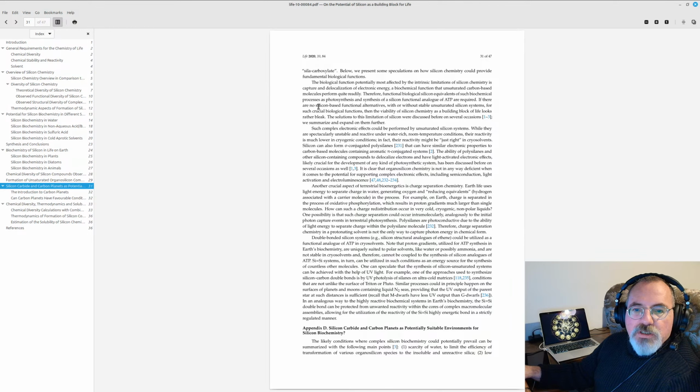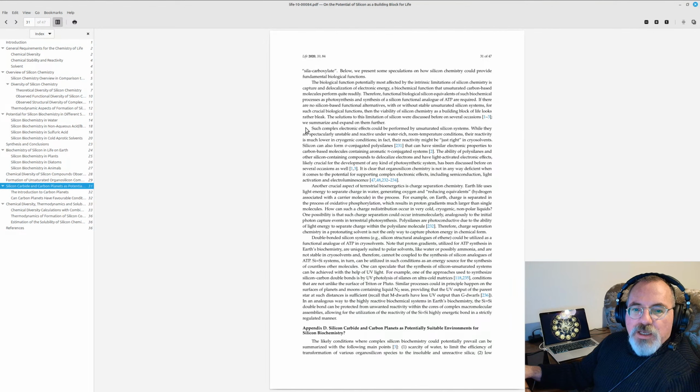If there are no silicon-based functional alternatives, with or without stable unsaturated silicon systems, for such crucial biological functions, then the viability of silicon chemistry as a building block of life looks rather bleak. The solutions to this limitation of silicon were discussed before on several occasions. We summarize and expand on them further.